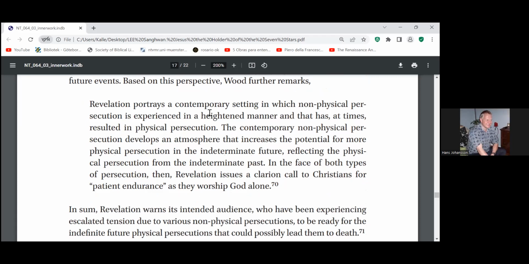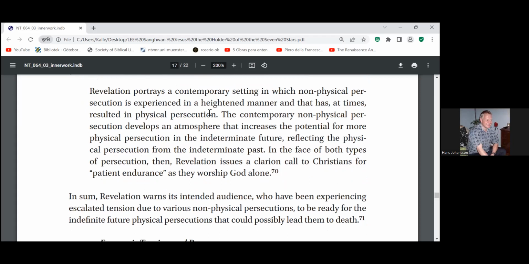Based on this perspective, Wood further remarks, Revelation portrays a contemporary setting in which non-physical persecution is experienced in a heightened manner.